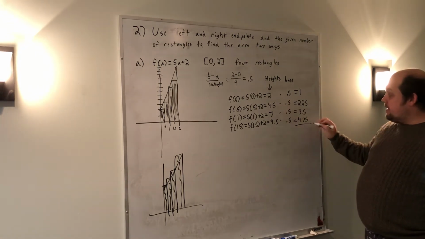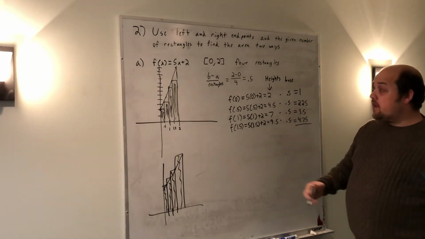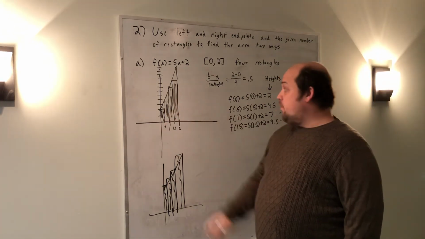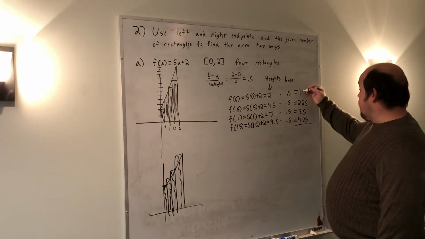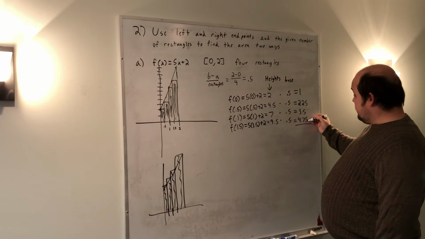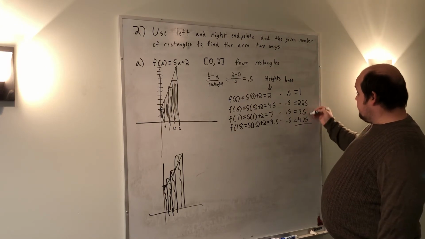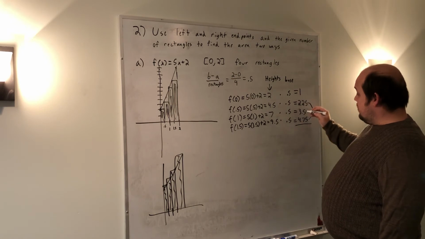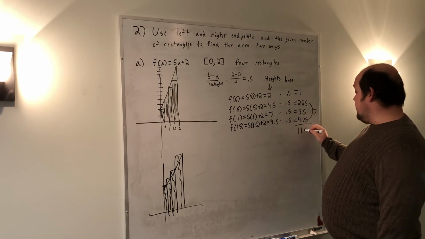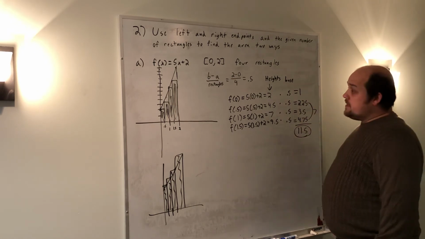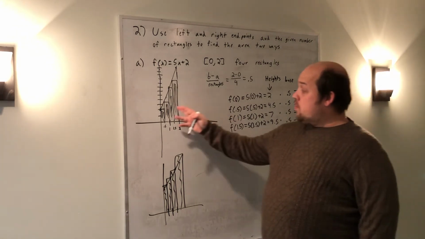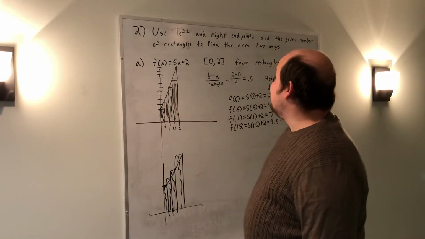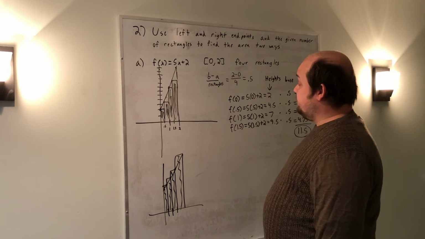If I summate them or add them all together, that'll give me the total area of these 4 rectangles. So 2.25 plus 4.75 gives me 7, plus 1 gives me 8, plus 3.5 gives me 11.5. This is the correct answer for the area under the curve using left-sided endpoints.